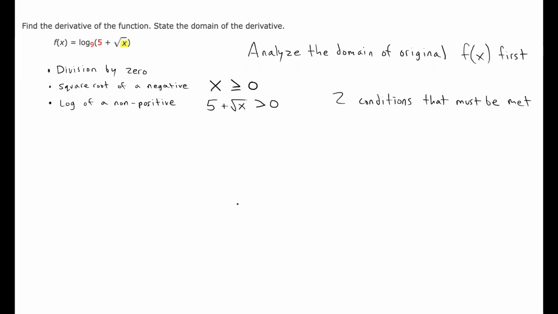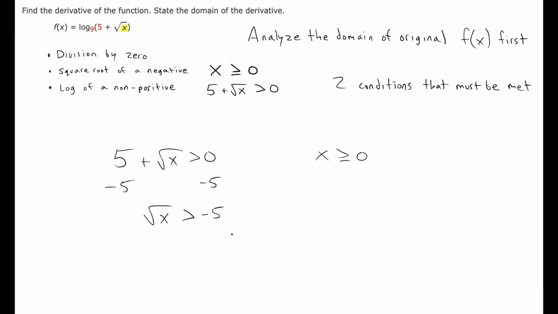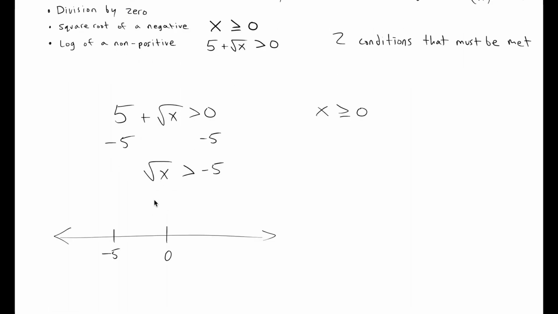So I'll try to simplify. This one's already simplified. The radical x has to be greater than -5. That could never be a negative anyway, so that's always going to be true here. Even if x was 0, the square root of 0 would just be 0, and that would be greater than -5.